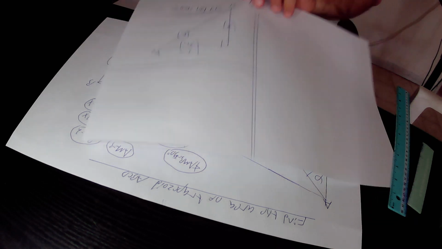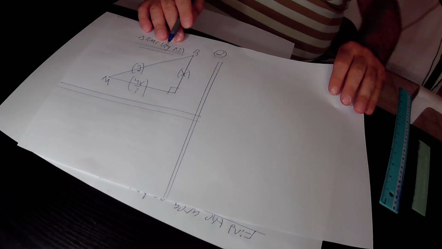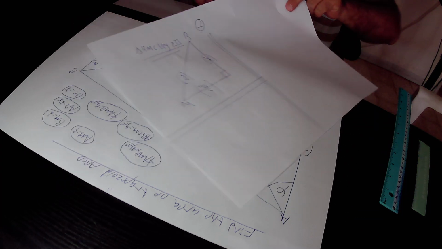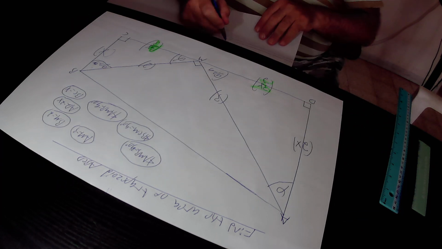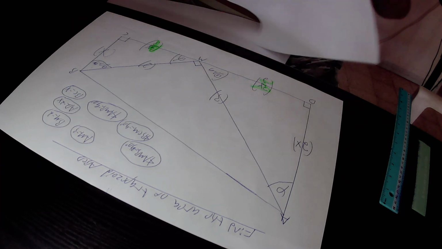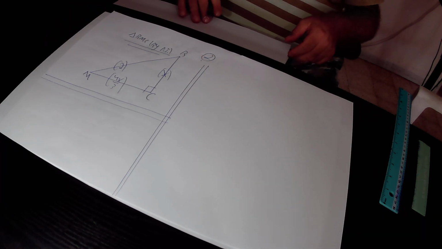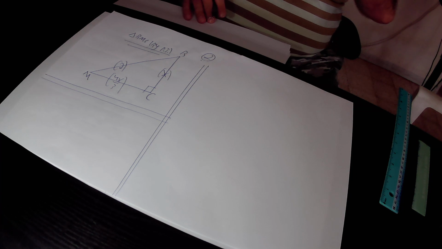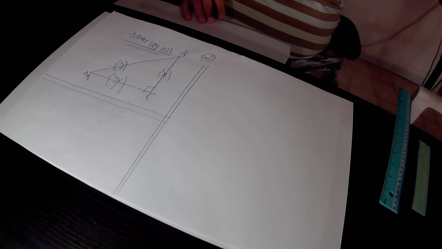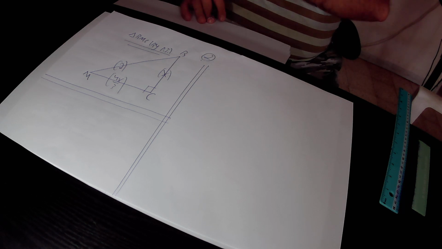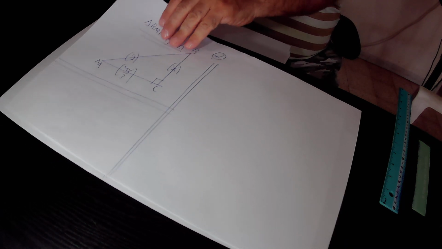So this is the small right triangle BMC that I copied from the original drawing. In this right triangle BMC, according to the Pythagoras theorem, BM squared, that is the square of the hypotenuse, equals BC squared plus CM squared. So I write it down.